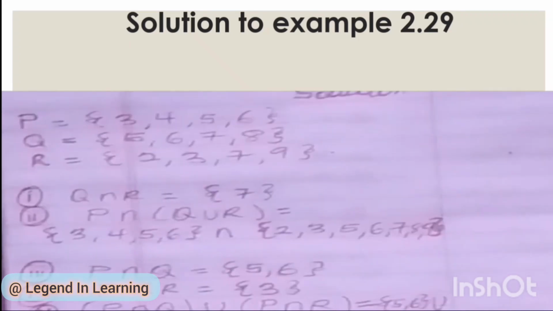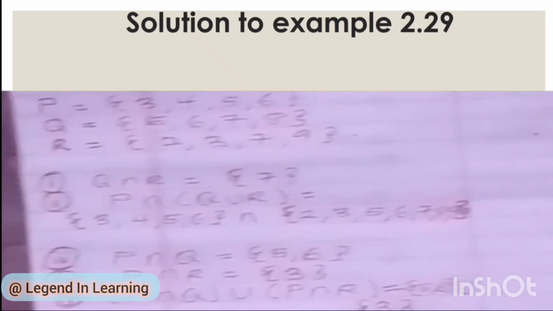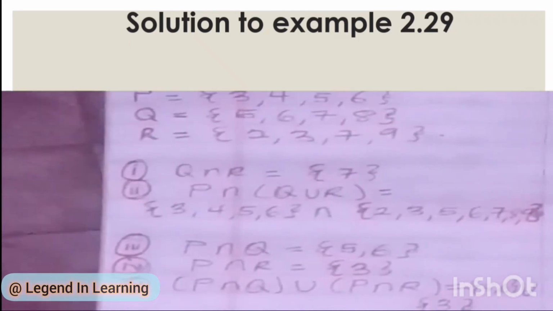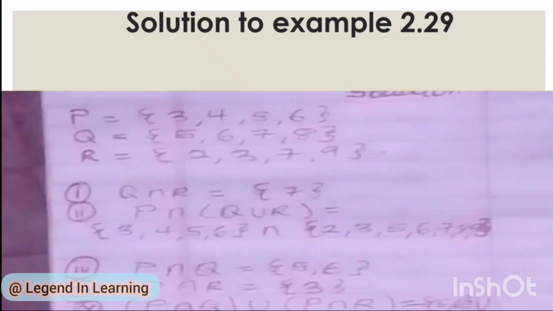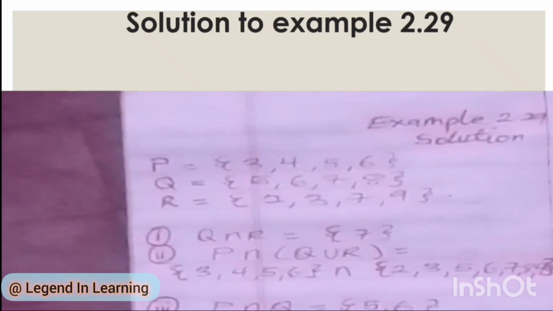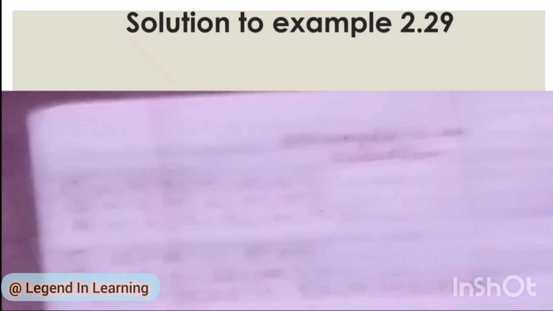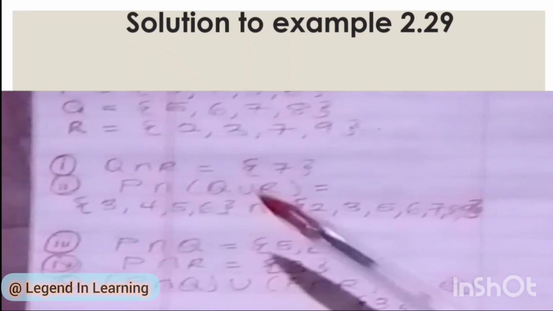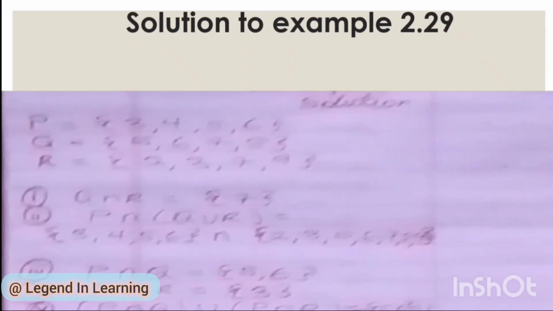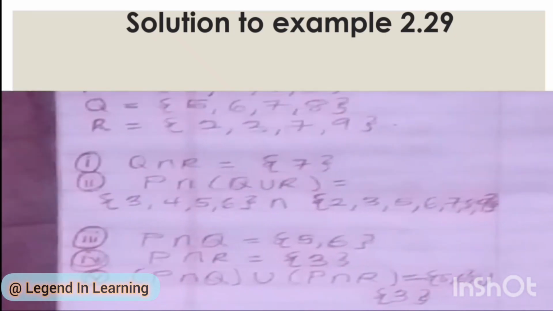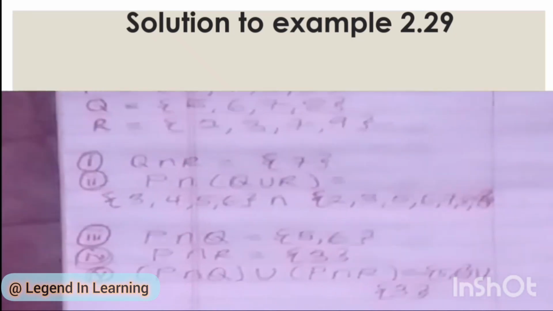In the question we were given the elements of P, Q and R, and we're asked to look for Q intersection R and P intersection Q union R. I intentionally did this one so that you have a more detailed understanding.